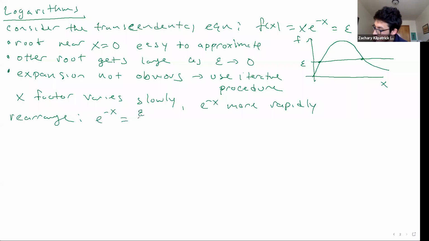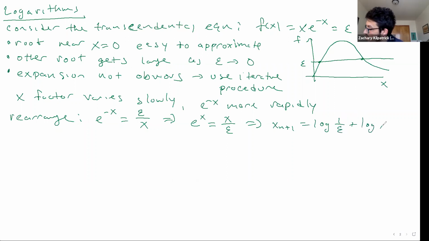E to the minus x equals epsilon over x, okay? I can rearrange this a bit further. E to the x equals x over epsilon. And then if I take logs, I get x_{n+1} equals log 1 over epsilon plus log of x_n. Okay, I mean natural log when I write log. I won't write ln.